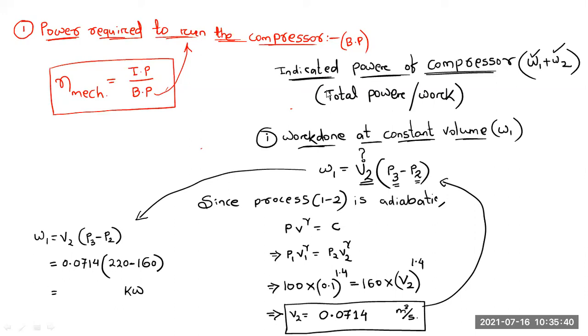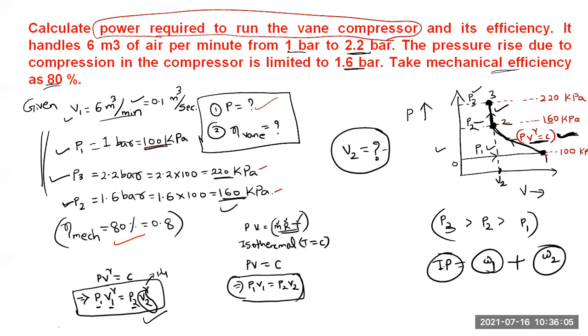W1 is 4.284 kilowatt. So here we are getting work done equal to 4.284 kilowatt. This is the work done at constant volume process we have got, which means the work done from 0.2 to 0.3, that is W1. So we have just now calculated.